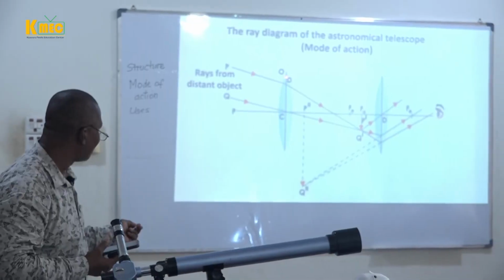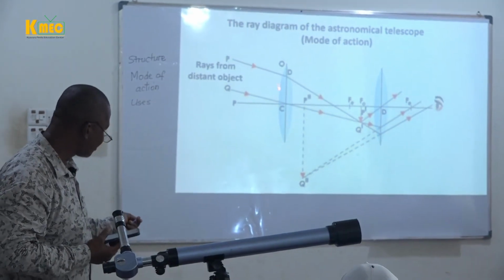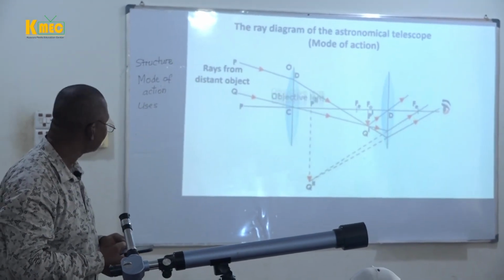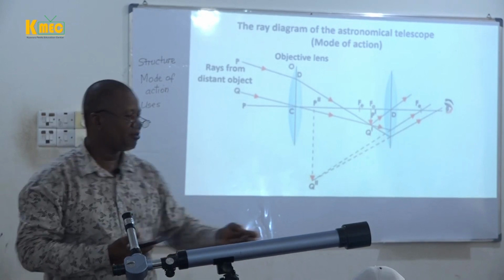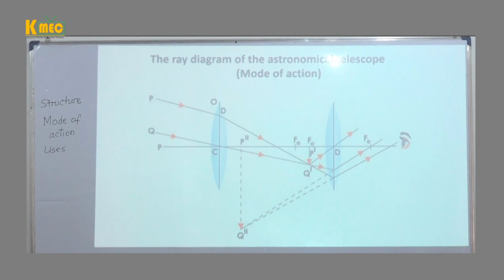After that we have the objective lens, which collects the rays from the distant objects.